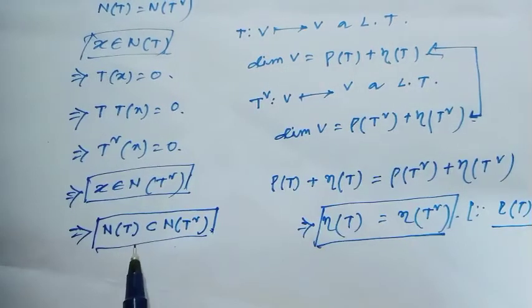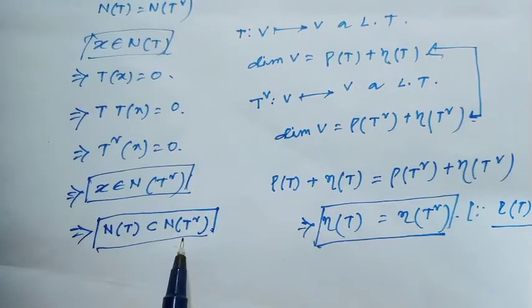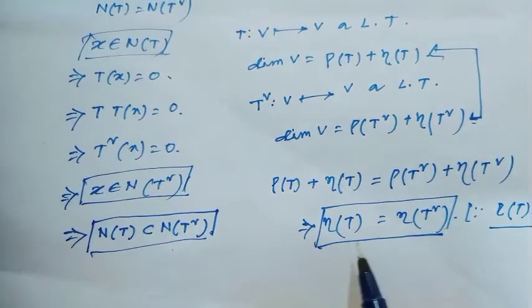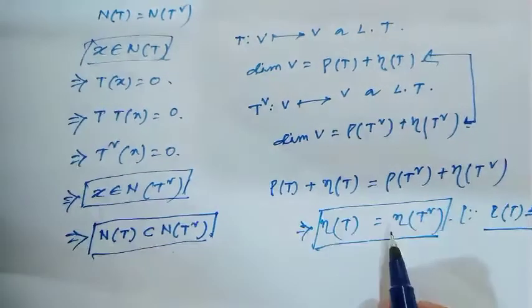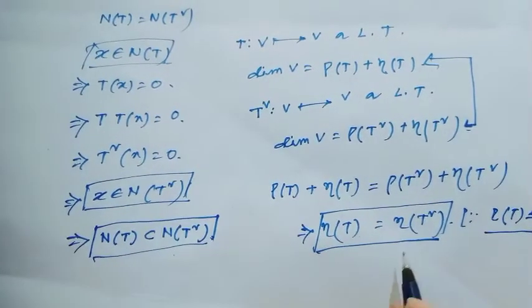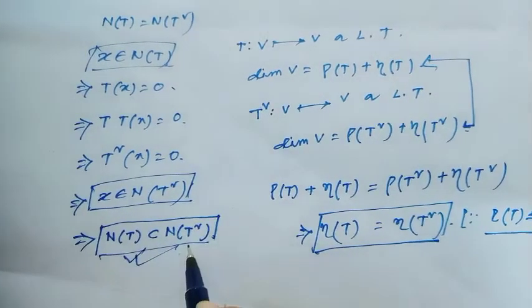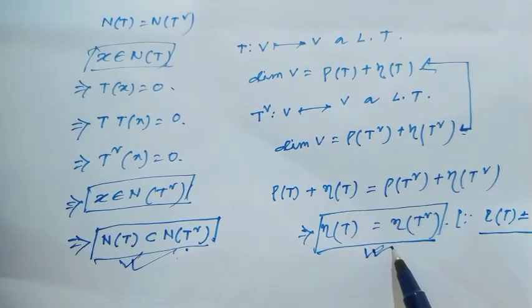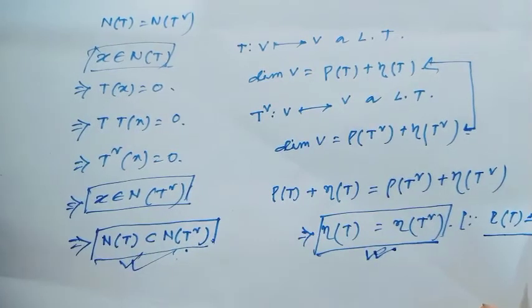Here I have got null space of this linear transformation contained in null space of this linear transformation T square. And also I have got nullity T is same as nullity T square. That means, since this is contained in this and since nullity T equal to nullity T square, we all of us know nullity T means dimension of null space.